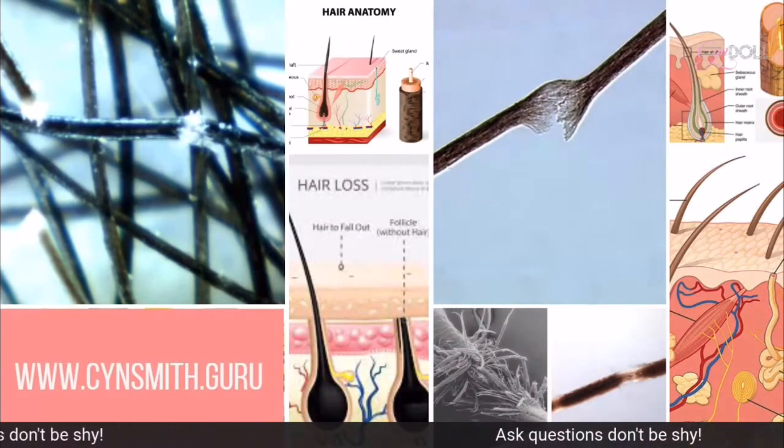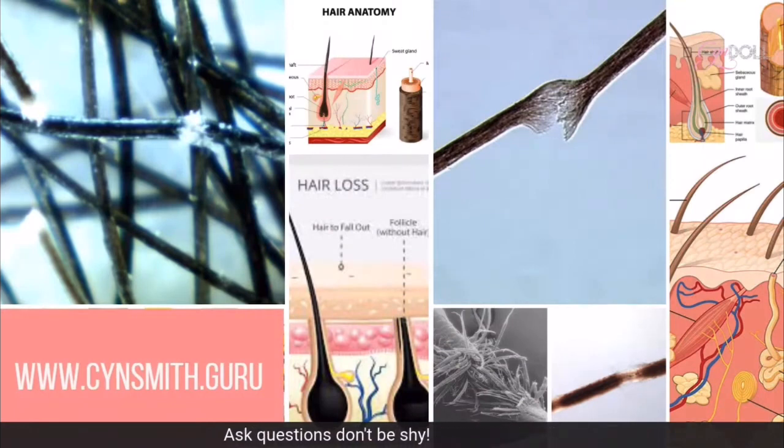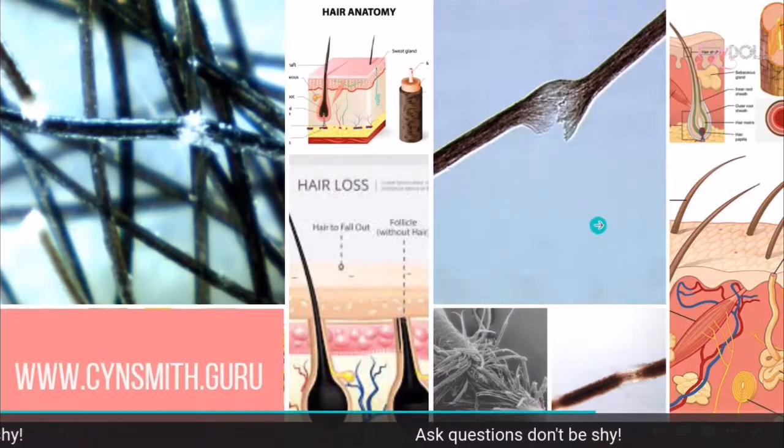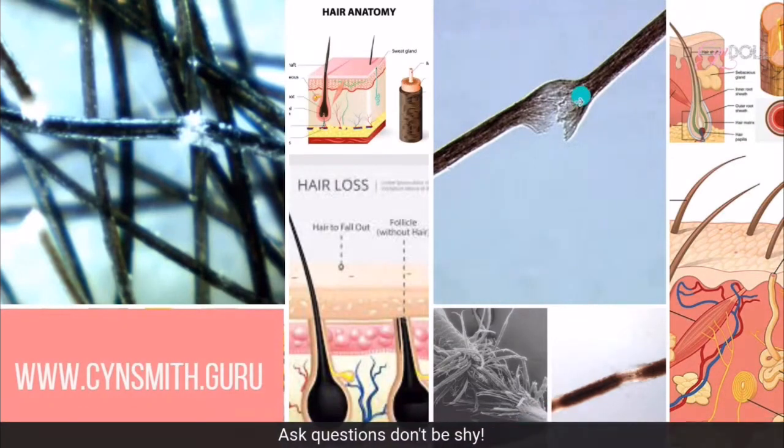Take a screenshot of this. Understand hair loss, understand breakage. When a licensed cosmetologist is telling you you have to clip your ends, she wants you to clip your ends because look at this illustration right here.